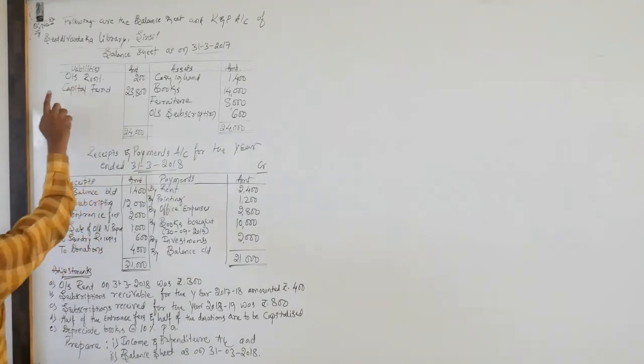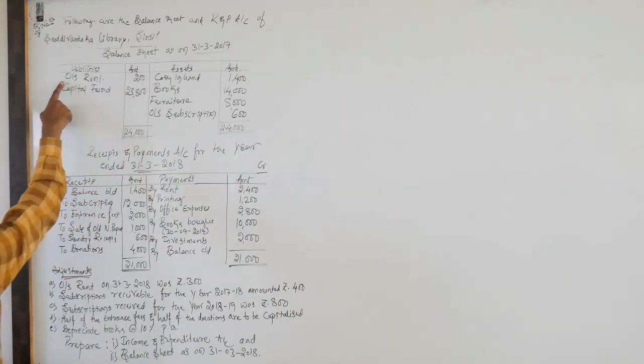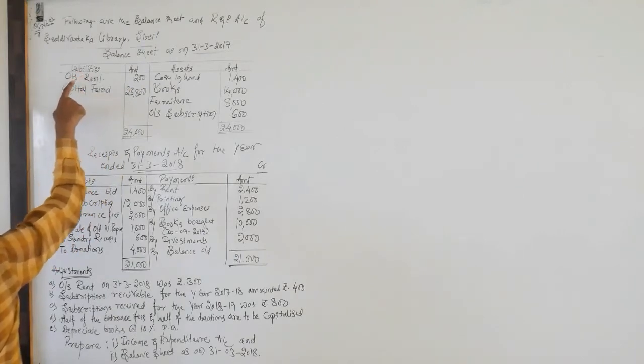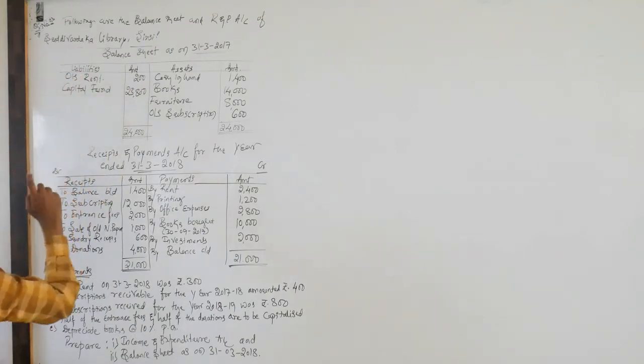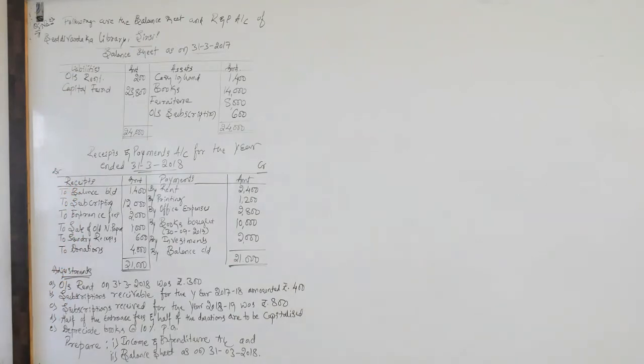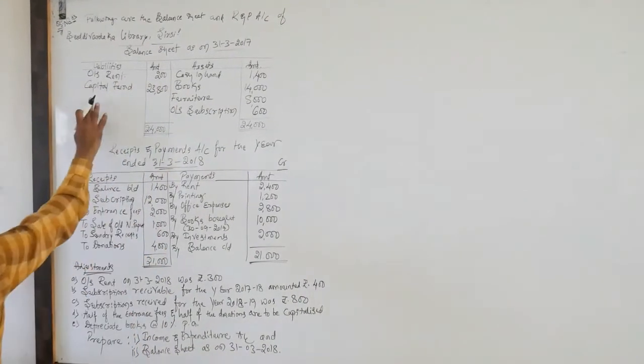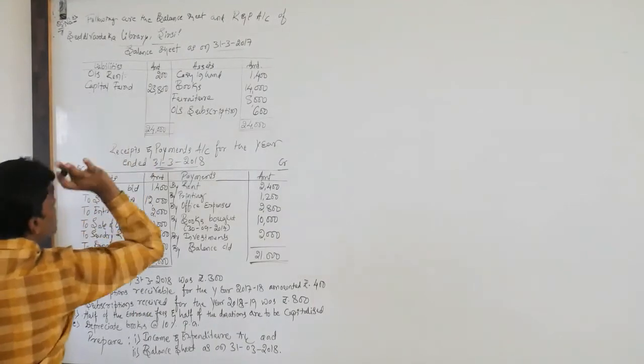Look at the liability side: outstanding rent 200. Outstanding rent on the liability side means rent payable of the previous year, that is the amount 200. Capital fund, they have provided 23,800.